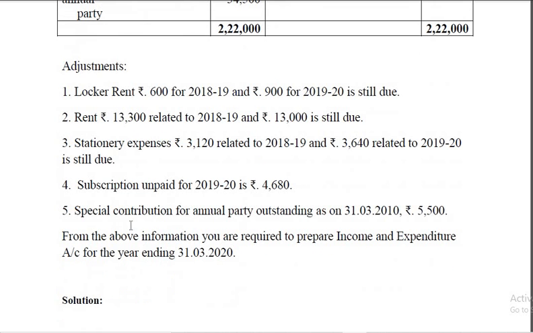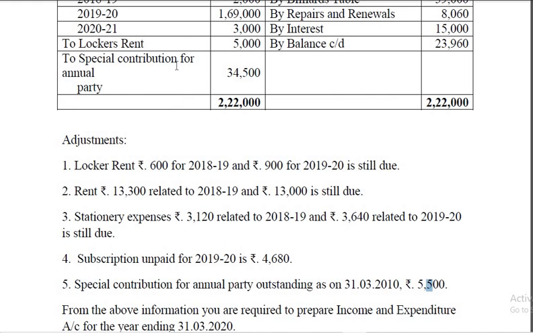Alright, then special contribution to annual party outstanding as on 31st March 2020. By oversight it is typed as 2010. So current year outstanding is 5,500. But remember, the special contribution to annual party is 34,500.